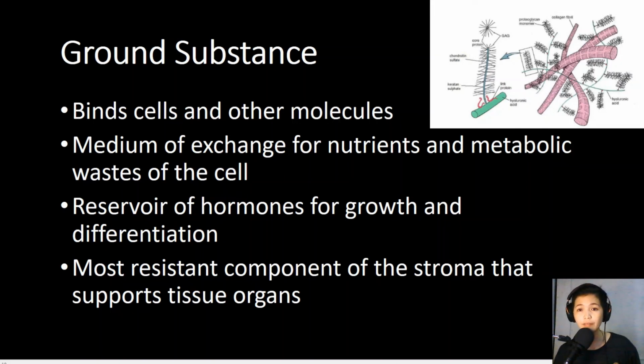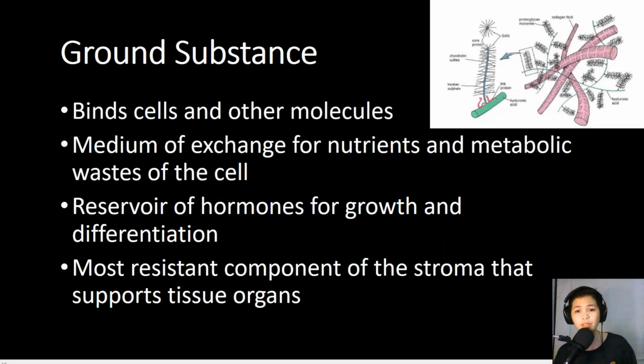In your connective tissue, we can also see this ground substance. So this ground substance is made up of water. The functions of this is it binds the cells and other molecules. It is the medium of exchange for nutrients and metabolic waste of the cells and serves as a reservoir of hormones for growth and differentiation.